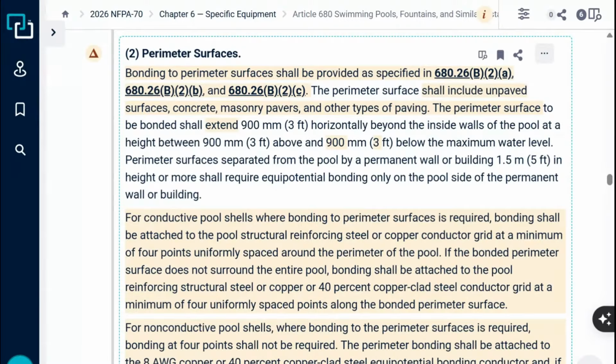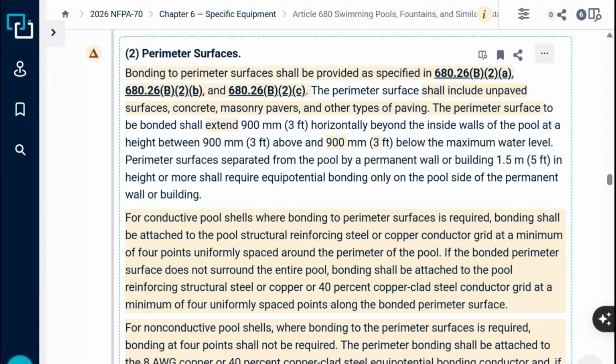All right, so let's read it here. Bonding to perimeter surfaces shall be provided as specified in 680.26(B)(2)(a), 680.26(B)(2)(b), and 680.26(B)(2)(c). Okay, so this is going to be broken down into an A, a B, and a C. It says the perimeter surface shall include, so we're talking about the surface around it.